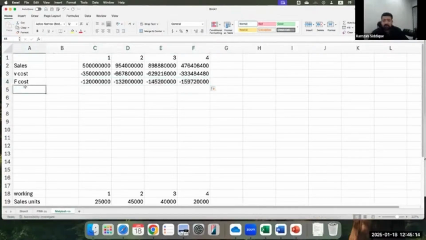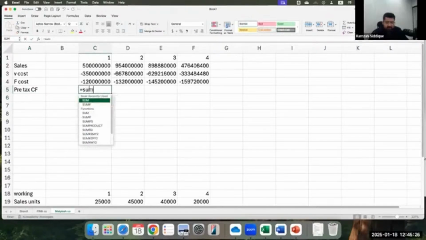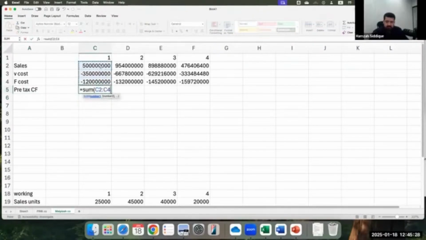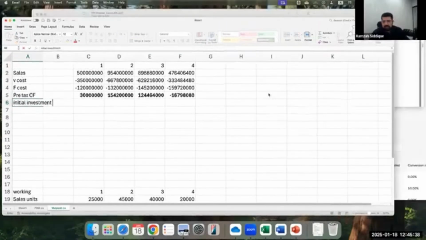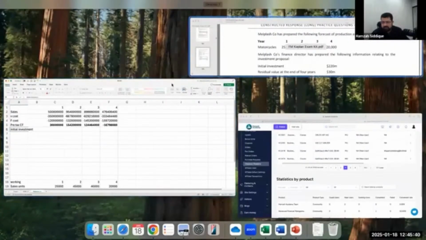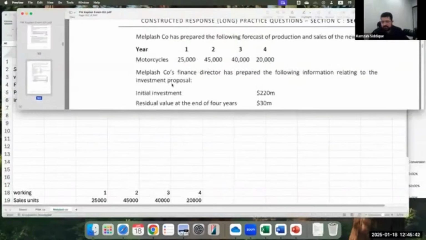Initial investment. Now there are no net cash flows to be calculated because there is no taxation. For you, pre-tax cash flows, so that you do not get confused. But there is no taxation. Simple. Initial investment. Anything else? Inflation adjustment? No inflation adjustment.